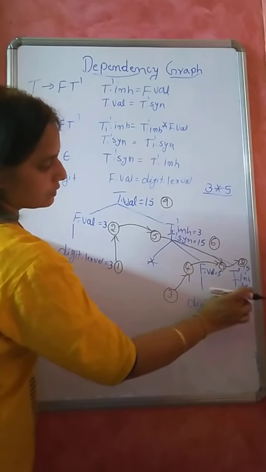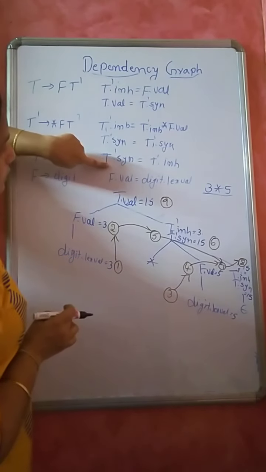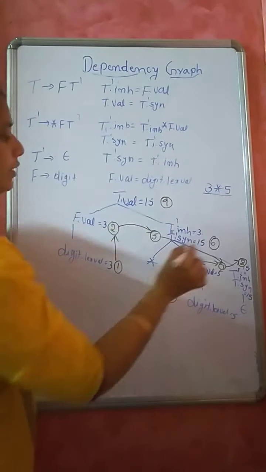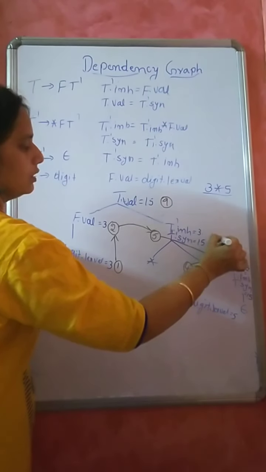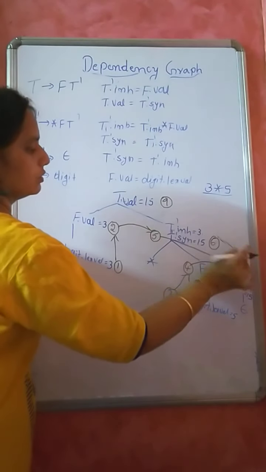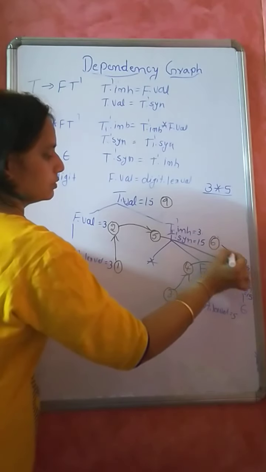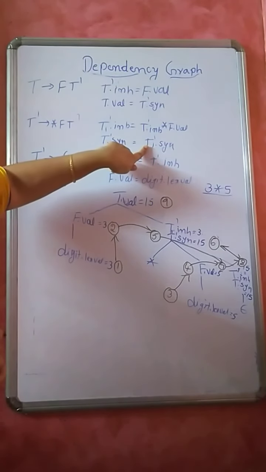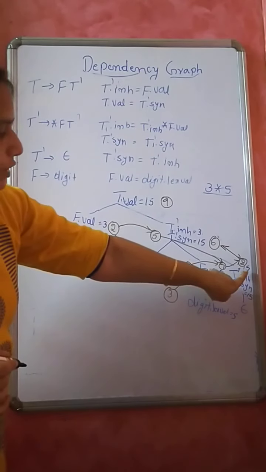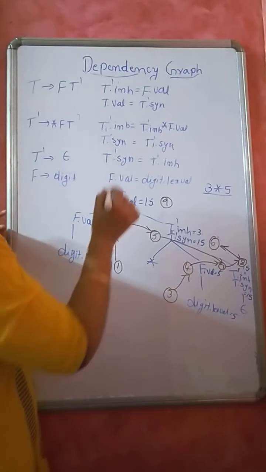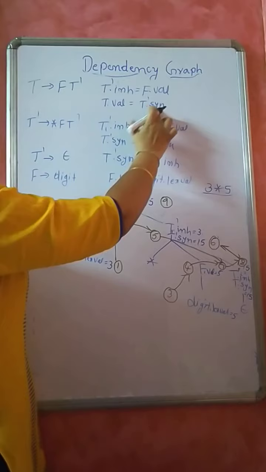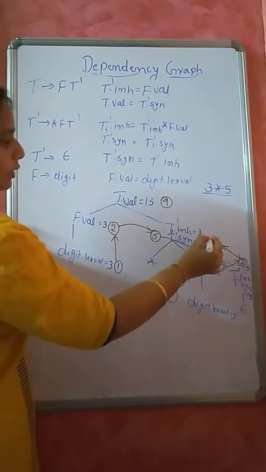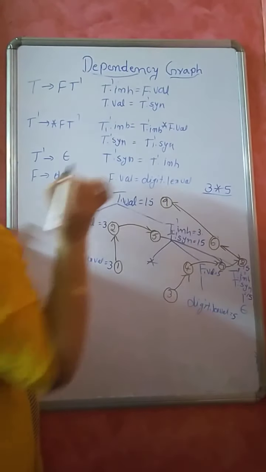That is T dash synthesis is equal to T dash inherited, and this one. So what is this one? T dash synthesis is equal to T dash synthesis. That means this value I am copying it here. Now T dot value is equal to T dash synthesis value. That is this one. Okay.